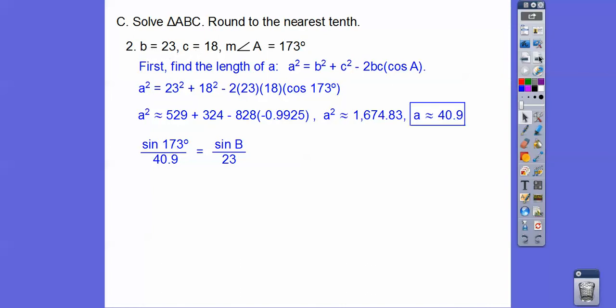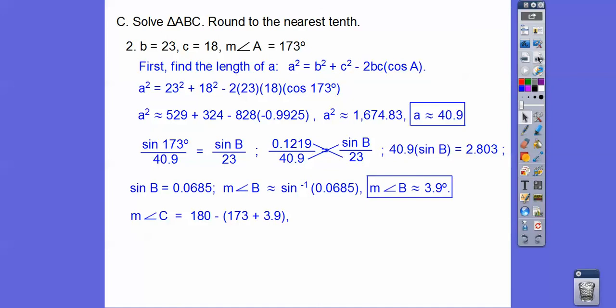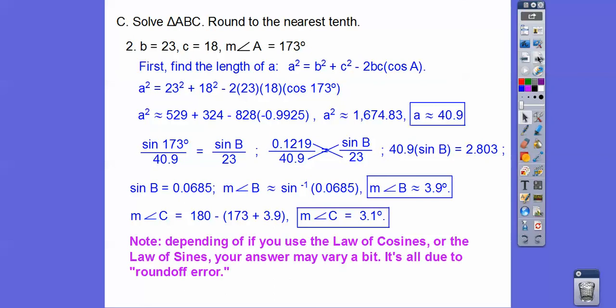So the sine of C gives us that, and then cross multiply, and then we divide, and so angle B we get about 3.9. A triangle adds up to 180, so we can find that final angle by subtracting from 180, and we get about 3.1 degrees.